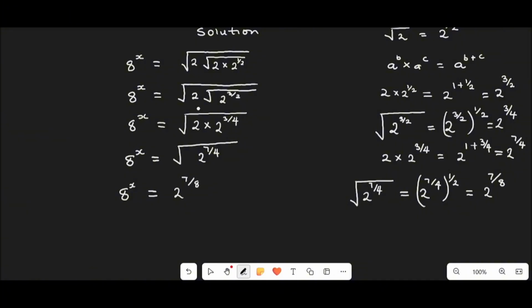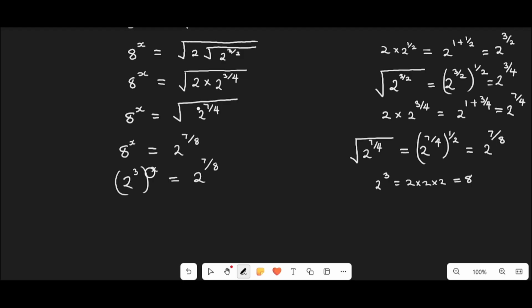Now, our 8 here can be written as 2 raised to power 3 because 2 times 2 times 2 is equal to 8. So let us replace 8 with 2 raised to power 3. So 2 raised to power 3, all raised to power x, equal to 2 raised to power 7 over 8.